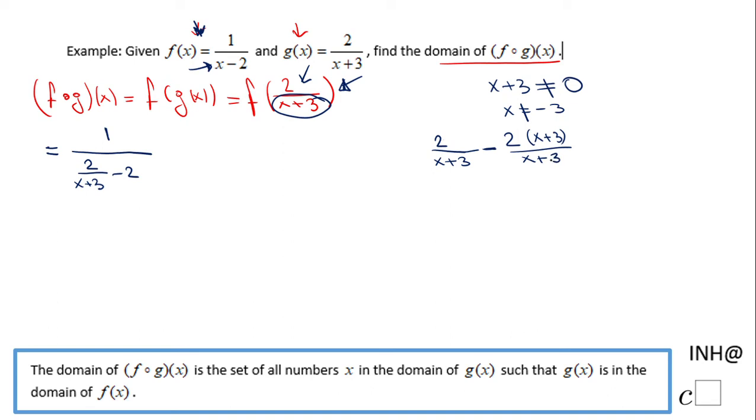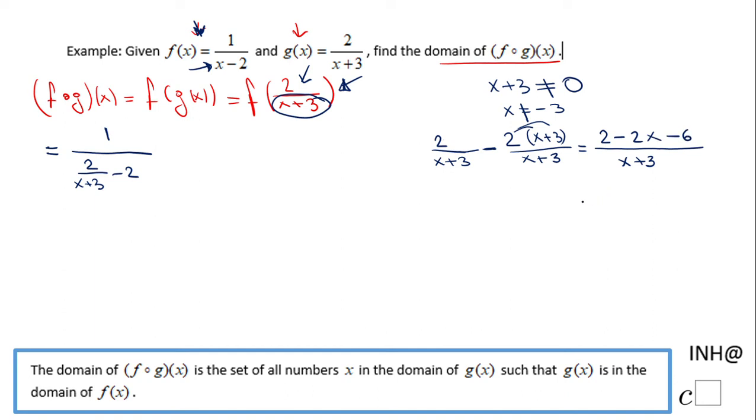So this second part is an equivalent fraction to the number 2. It helps me to subtract these two expressions, and I'm going to have x plus 3 as a denominator, and then the numerator will be 2 minus, using the distributive property, 2x minus 6.